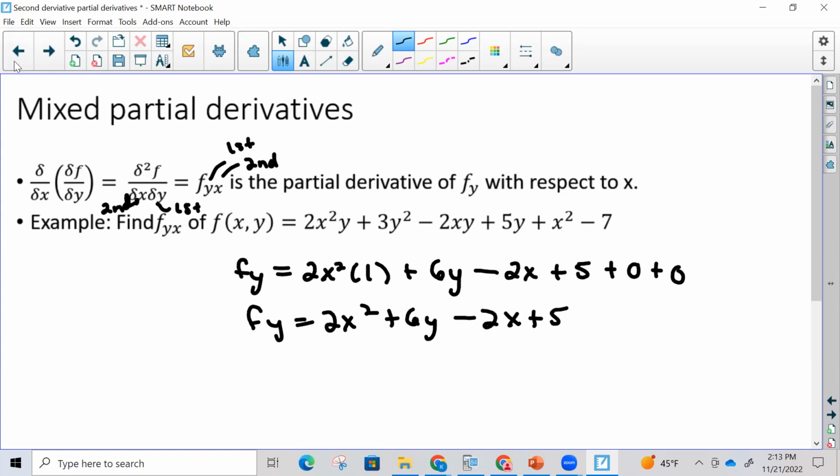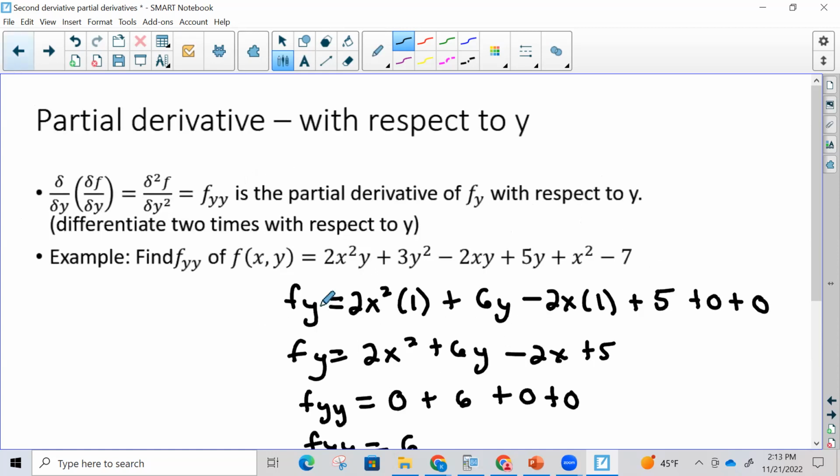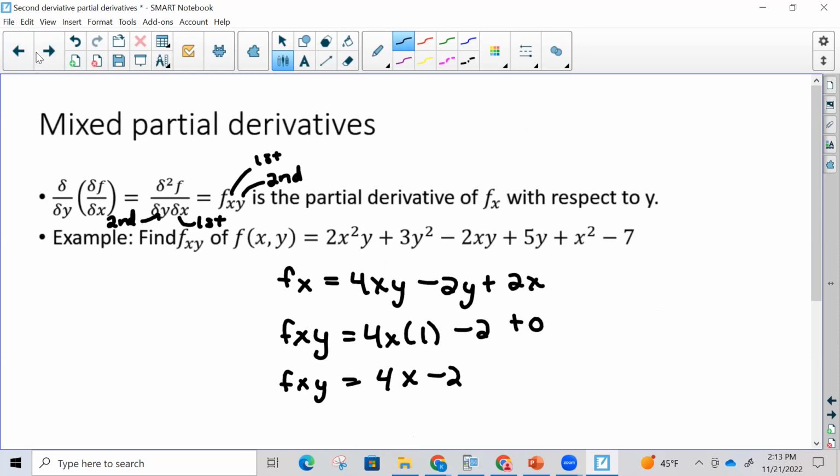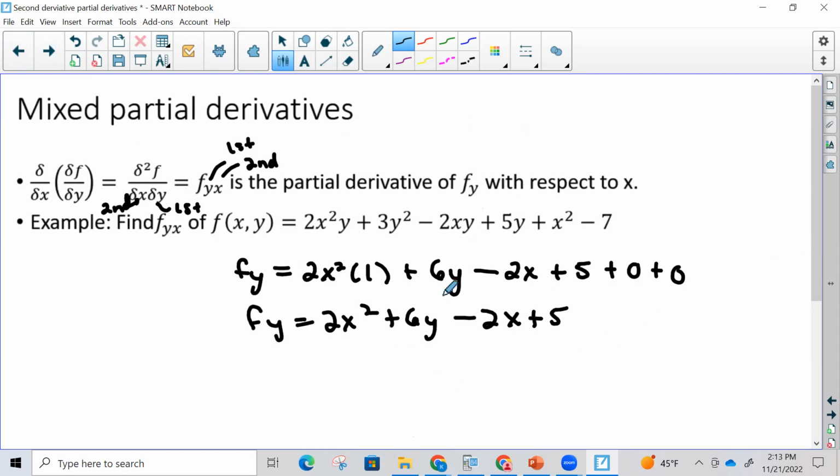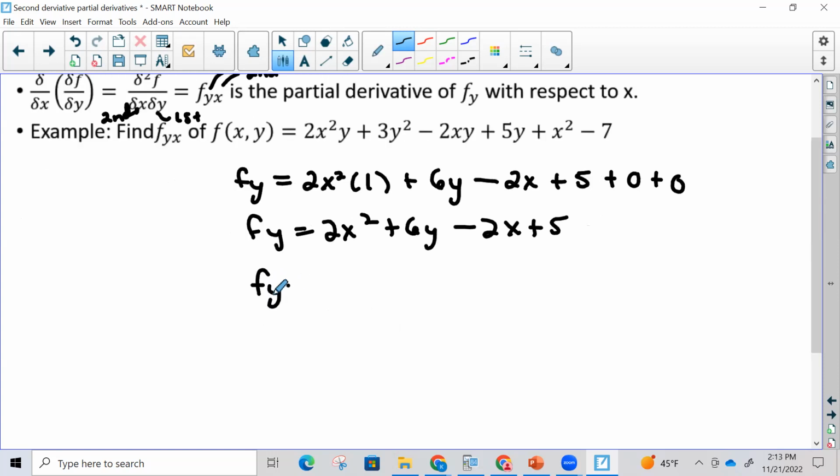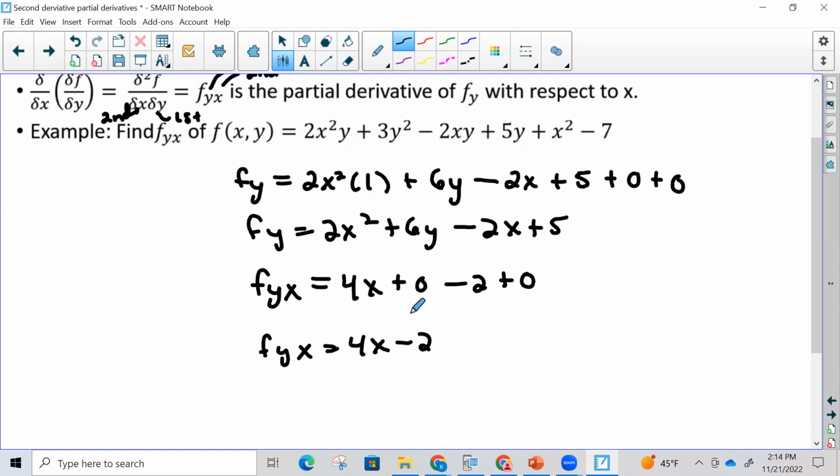We did this one before, and you get the same thing. But now instead of taking it with respect to y again, we take it with respect to x. So we find the partial of f_y with respect to x. So x is my variable, y is my constant. We get 4x plus 0 minus 2 plus 0, and f_yx equals 4x minus 2. So that would be my partial doing y first and then x.